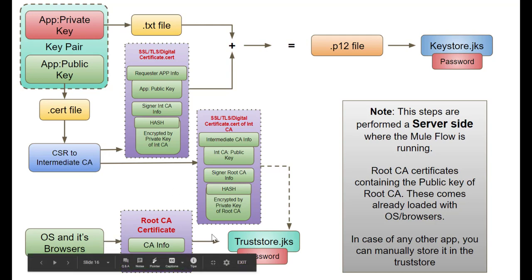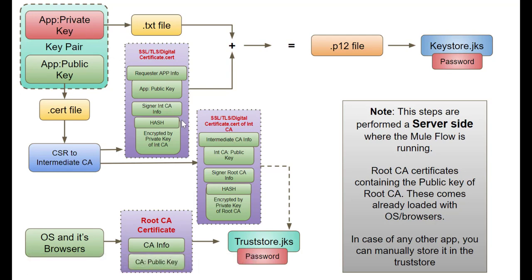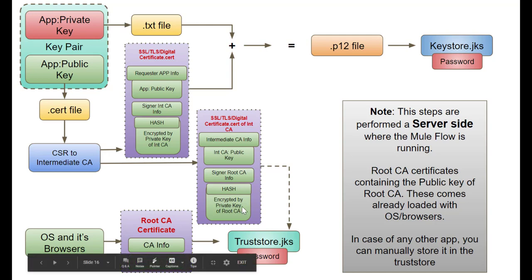So as the two digital certificates are presented to the app, the intermediate digital certificate is first decrypted using the public key of the root CA, and once it is decrypted, this hash value is retrieved. That means this certificate is valid at the application side.